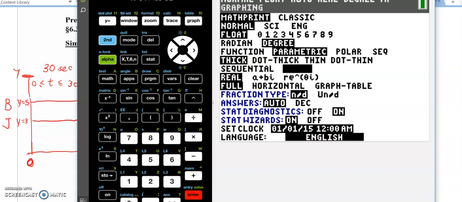Sequential means draw a graph for y1 and then figure out y2 and then y3 one at a time. Whereas simultaneous puts in increasingly large t values for each graph and keeps them all updated as it goes through the process.